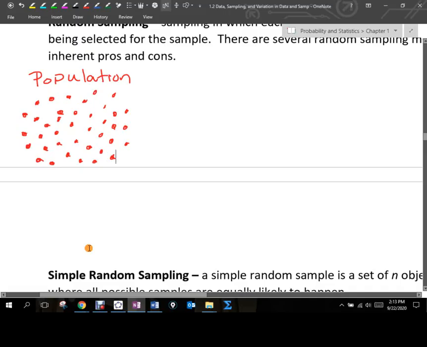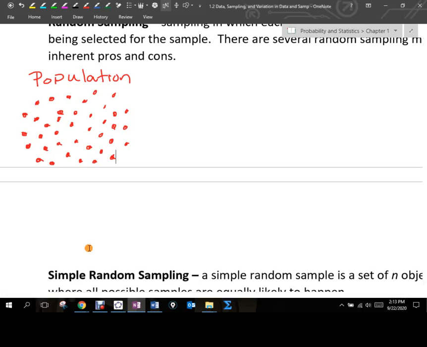Let's talk about, I just want to go back. I just want to make sure that we are reiterating some ideas. I think maybe it got lost a little bit what the difference is between random sampling and simple random sampling.